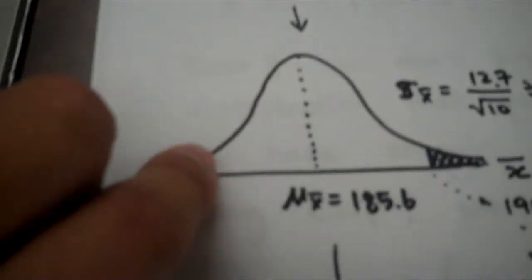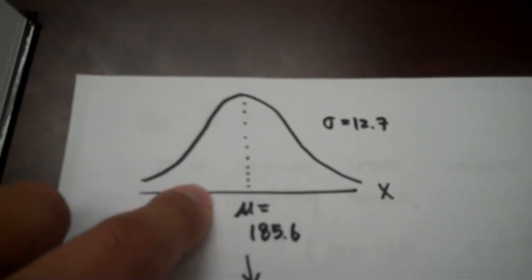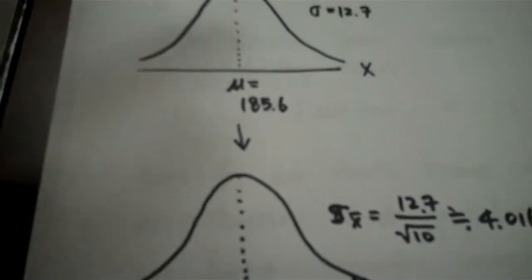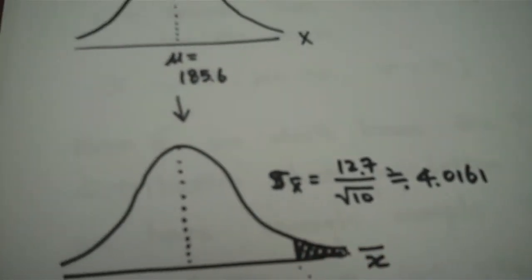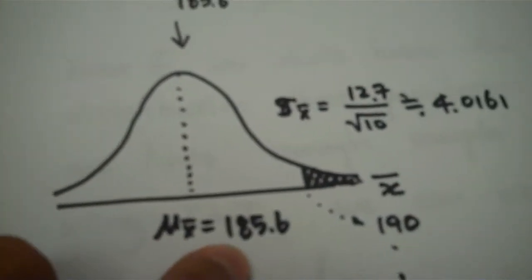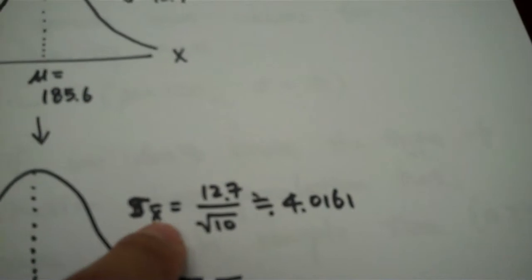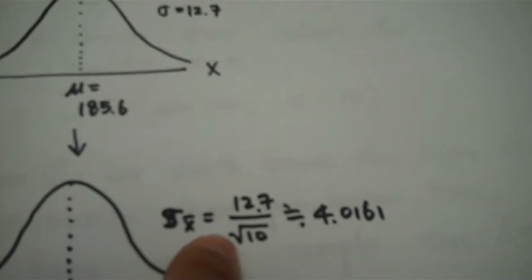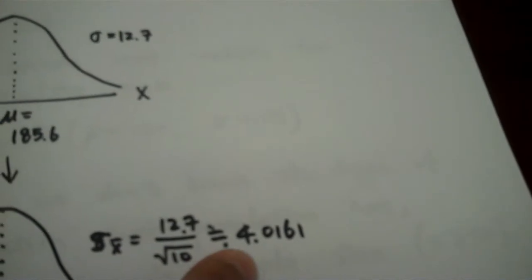Since that population is normally distributed, the sample mean also follows a normal distribution. The mean of the sample mean is the same as the population mean, 185.6, and the standard deviation of x bar is 12.7 divided by the square root of n, with n equal to 10, which is 4.02.